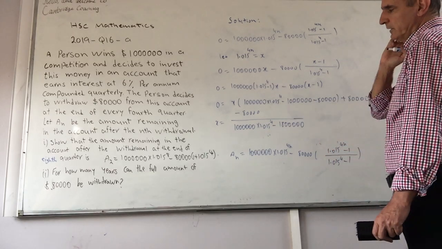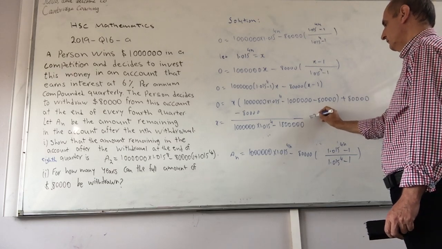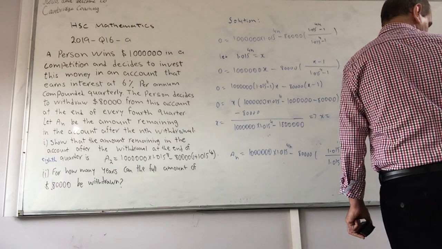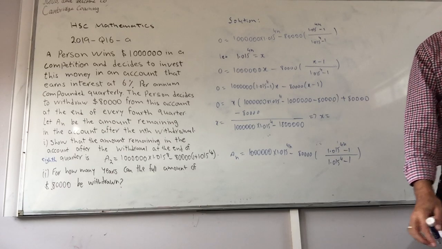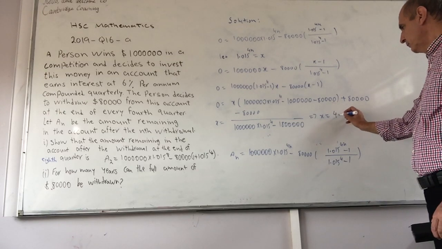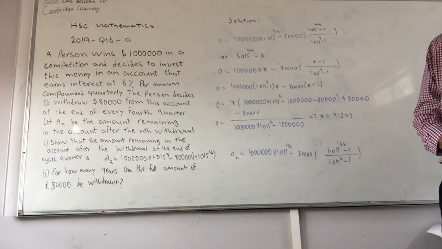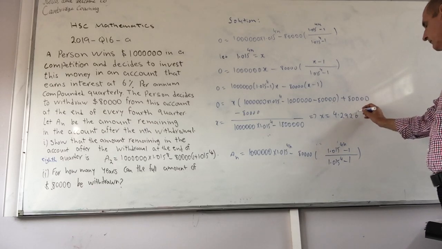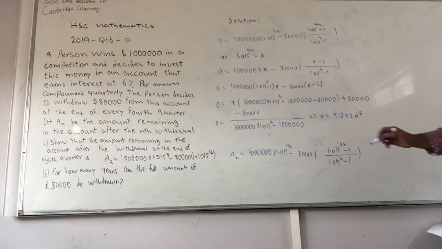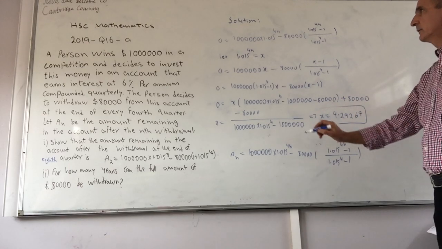Both the top and bottom are negative, so it will give you a positive value for x. And if you sub that in your calculator, you should get 4.29267. Alright, that is the value of x.